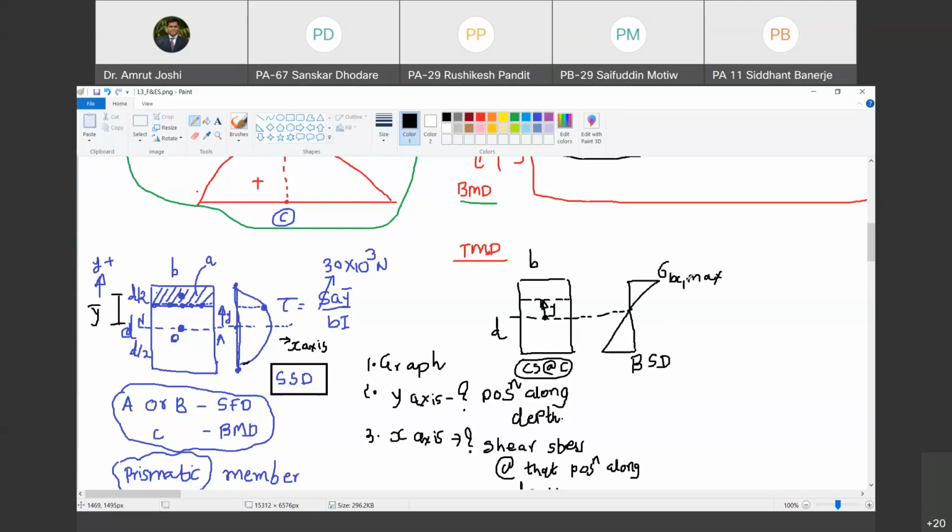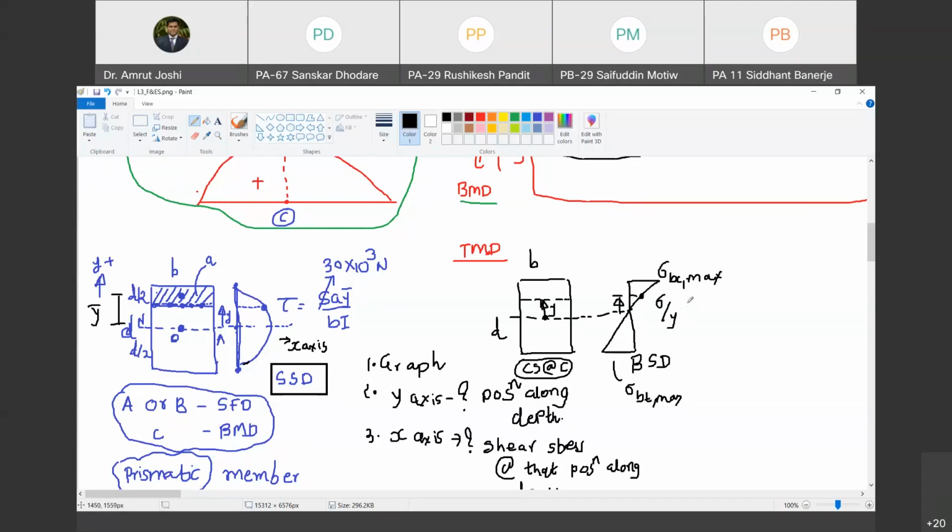Yes, sir. What is B? B stands for bending. Sigma stands for stress normal to the cross section. C stands for bending compression. And max stands for the maximum value of stress anywhere in the cross section in compression. Happy? Yes, sir. And this is sigma BT max. I am asking the question, what is the value of this stress at distance y? So we have a formula. What is the formula?